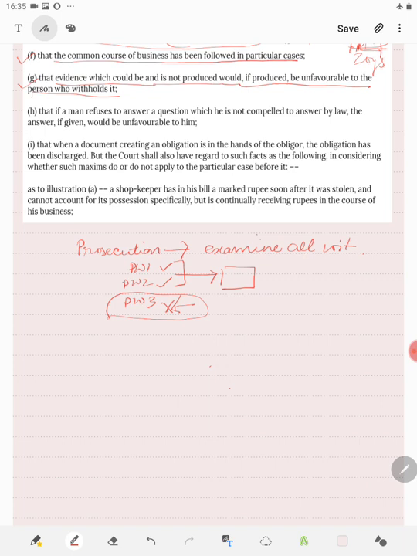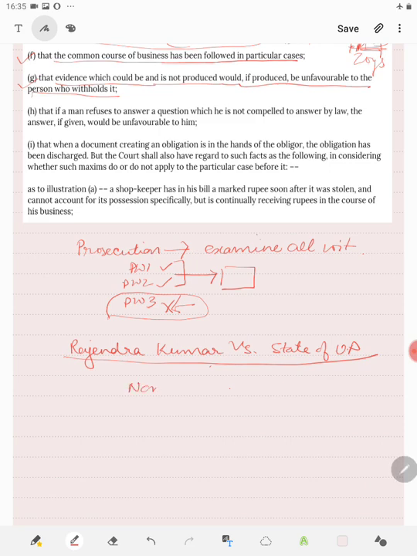In Rajendra Kumar versus State of UP, it was held that the court should not mechanically draw an adverse inference merely on the ground of non-examination of a witness, even if the witness is a material one.